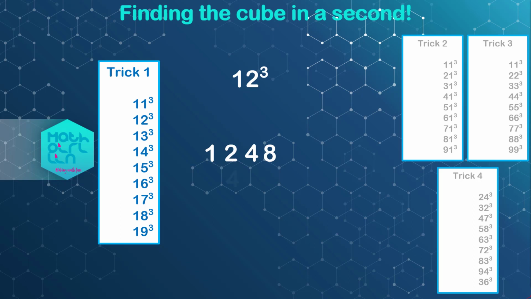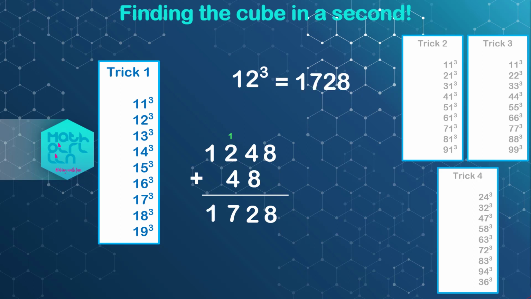Double of 2 is 4, double of 4 is 8. Final step is to add the numbers. 8 comes down as is, 4 plus 8 is 12, we write the 2 and carry the 1 forward, 2 plus 4 plus 1 is 7, and the 1 comes down as is. So 12 cubed is 1728. That was pretty quick, wasn't it? I will do one more.